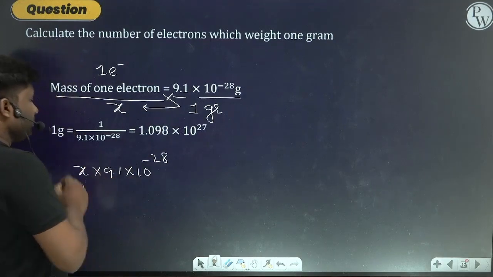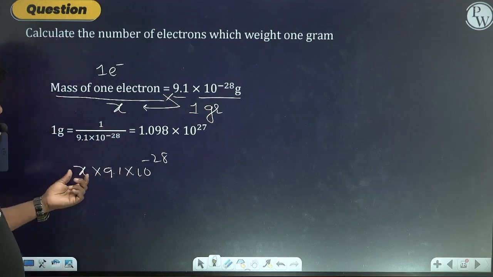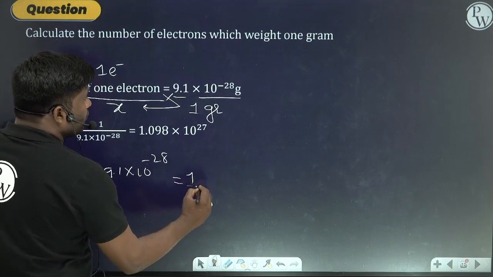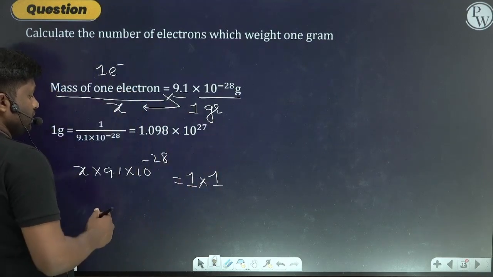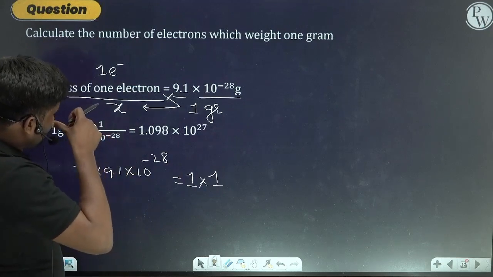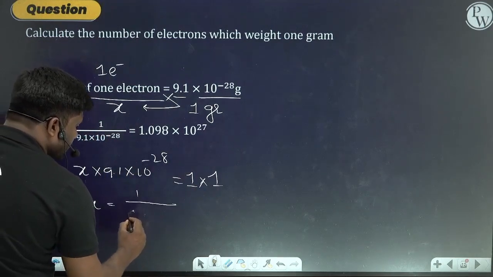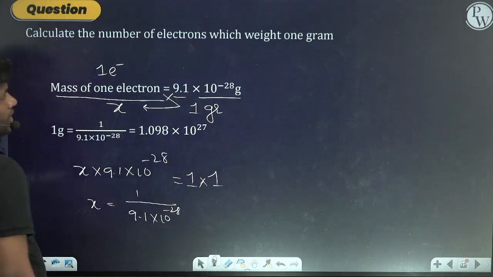x means the number of electrons present in how many grams of electrons? 1 gram. So x into 9.1 into 10 to the power minus 28 is equal to 1 into 1. 1 gram, 1 electron. Okay, then x is equal to 1 into 1, 1 by 9.1 into 10 to the power minus 28 number of electrons.